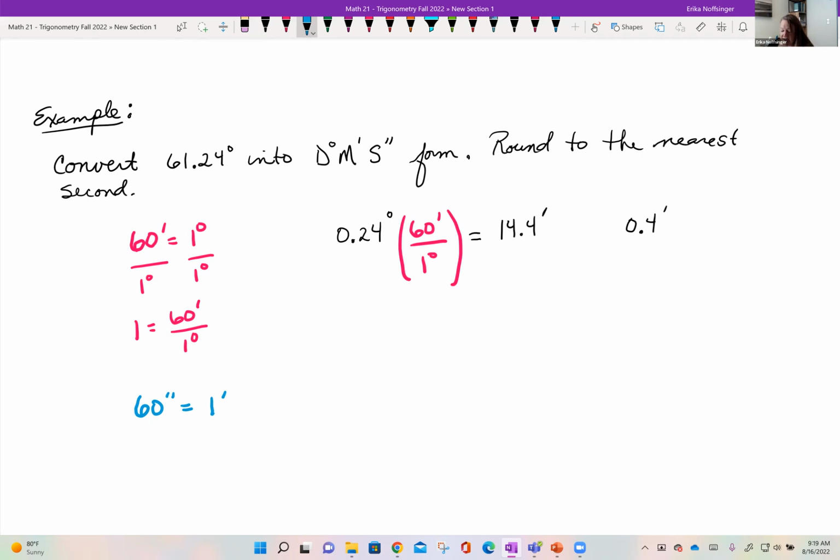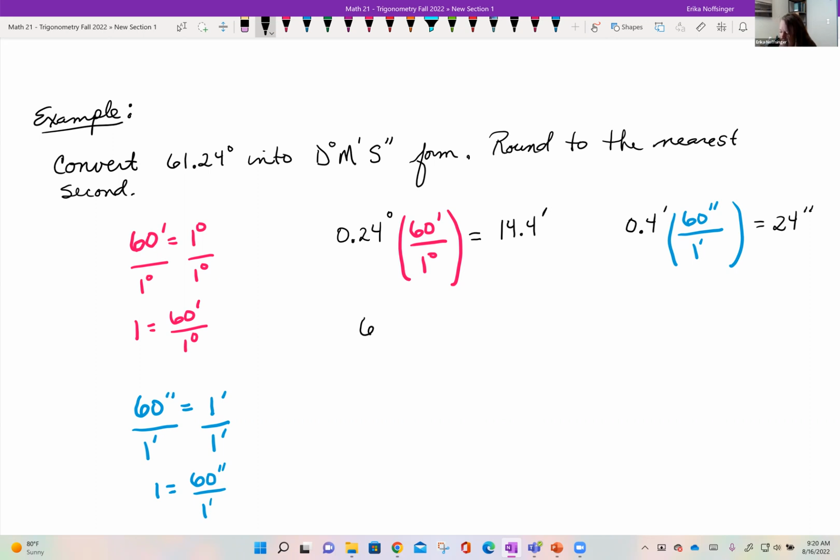We want the minutes to cancel so that we have the units of seconds, so if we divide both sides by 1 minute, our fancy one is 60 seconds over 1 minute. With the minutes canceling, we have 60 times 0.4, which gives us 24.